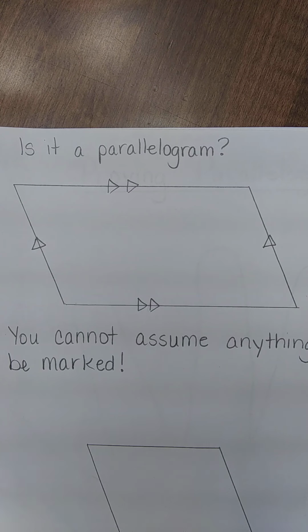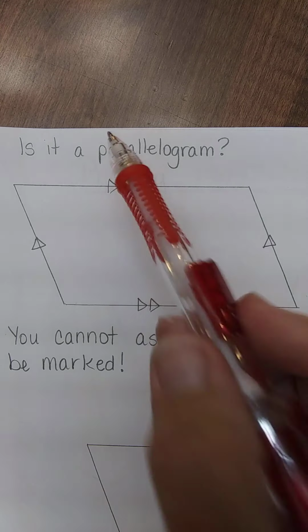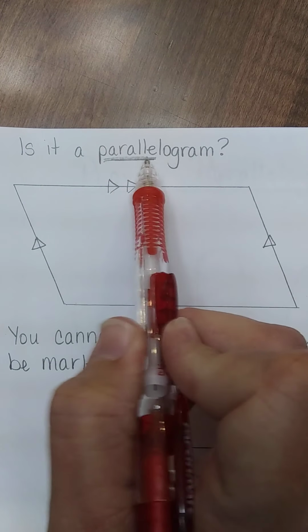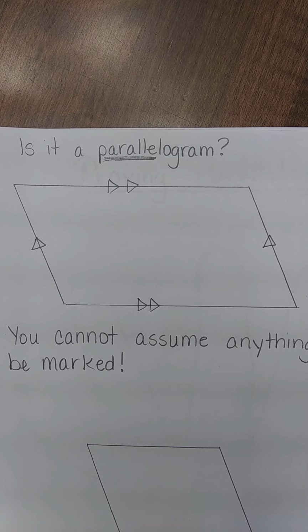And then this pair would also need to be marked as parallel. Remember, parallel lines will go side by side, never touch each other at all. Now, the name parallelogram has parallel in it. So, to me, the definition of this particular term basically just sticks out like a sore thumb. So that's going to lead me into the next drawing.